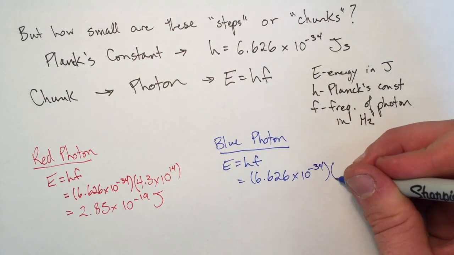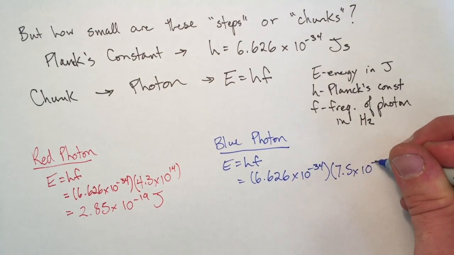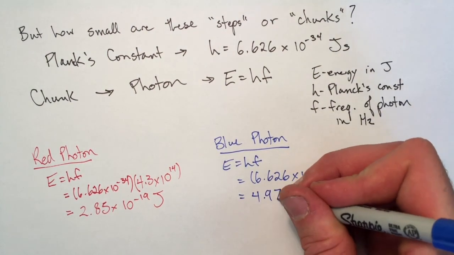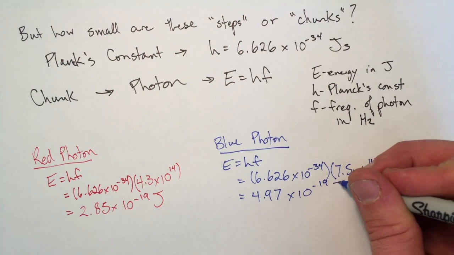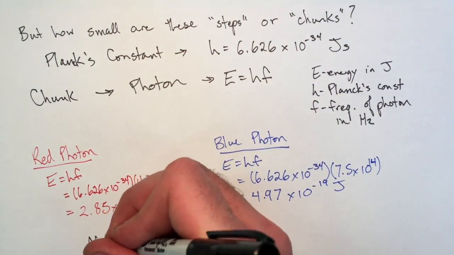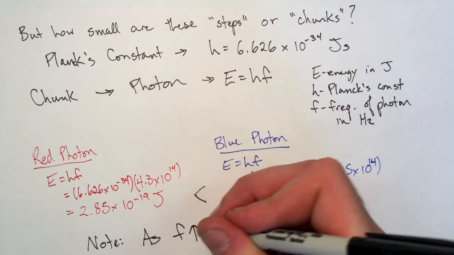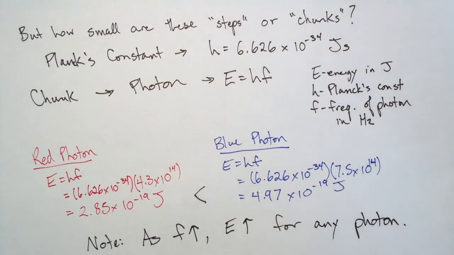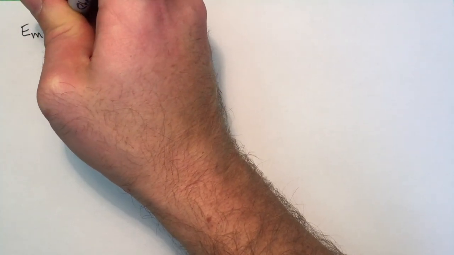Here we insert the frequency for a blue photon, 7.5 times 10 to the 14 hertz. And we notice that we get a value that's about 60% larger than a red photon. This means blue light has more energy than red light. As a general rule, as frequency increases, so does the energy of a photon.